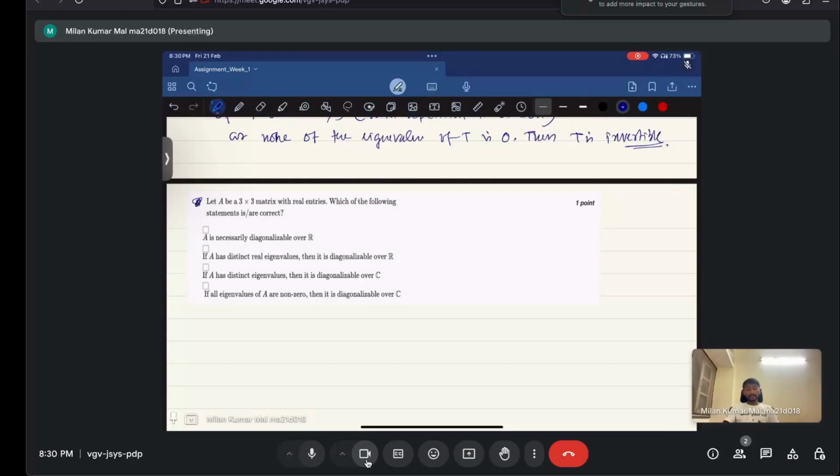What it says is that let A be a 3 by 3 matrix with real entries. Which of the following statements is or are correct? Okay, this is the question.